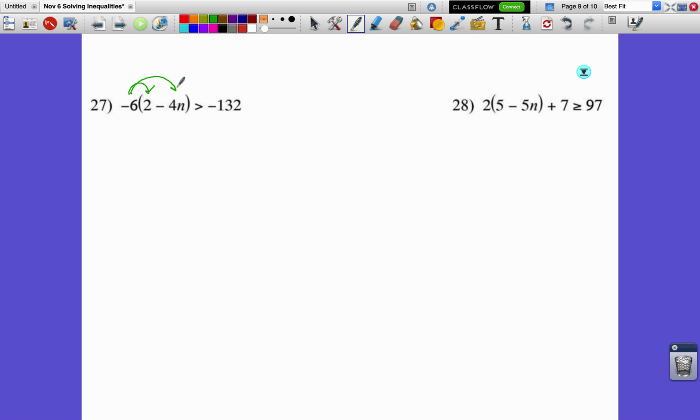Requires some distribution. A negative 12 plus 24n is greater than negative 132. Constants on both sides. Should move away from the variable. Now we got 24n is greater than negative 120.